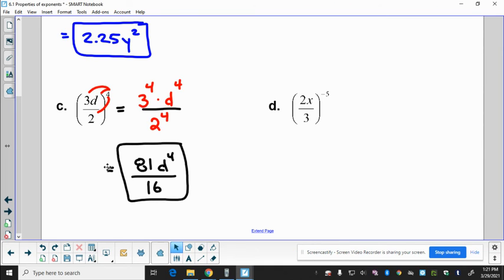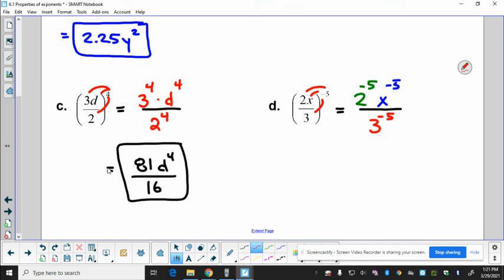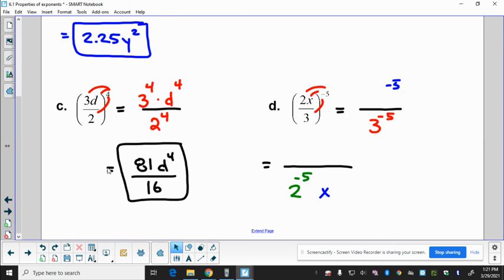Go to part D. Once again, this -5 gets distributed with everything. So this will be interesting. This will be 2 to the -5, x to the -5 over 3 to the -5. Now, keeping in mind, negative exponents, what do they do? They are reciprocals. So this goes down here, this goes down here, and this one actually goes up there.